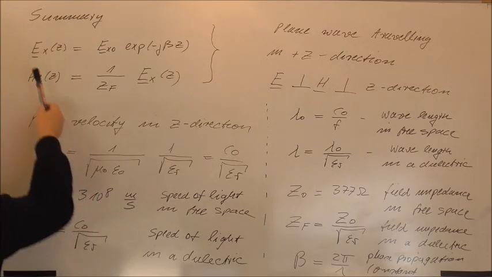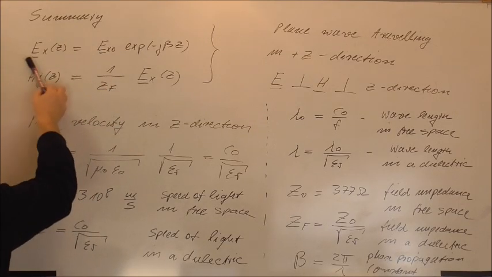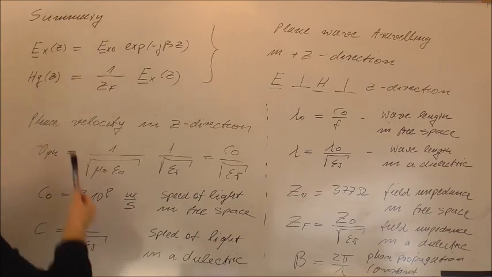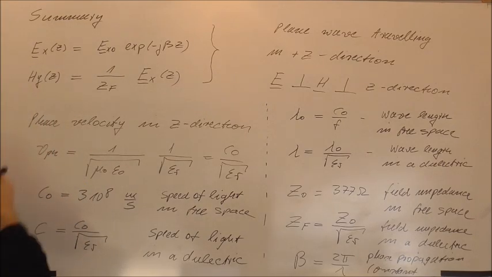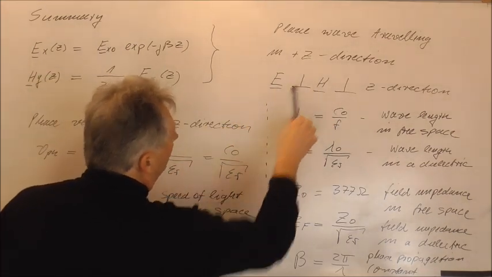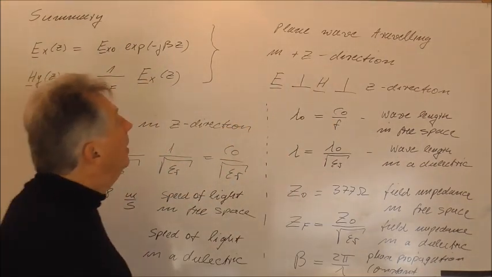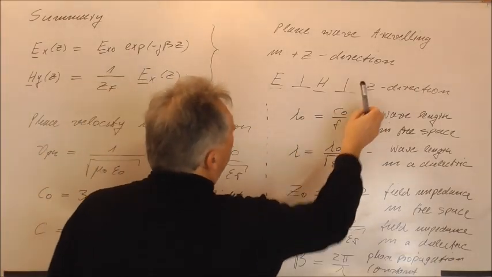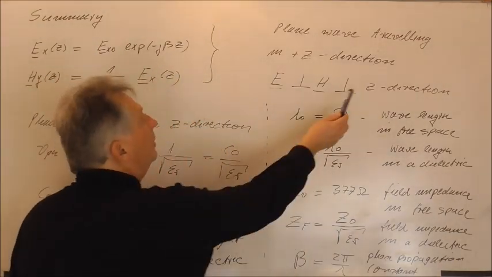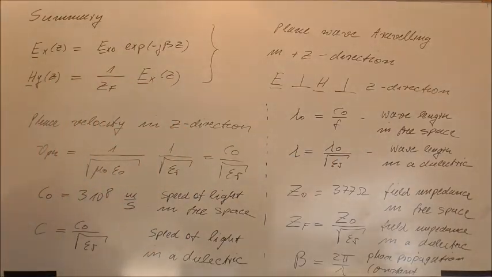To this electric field, which is directed in the x direction, we will have a magnetic field which is directed in the y direction. So the electric field will be perpendicular to the magnetic field, and of course it will be perpendicular to the direction of propagation. In our case it will be the z direction.